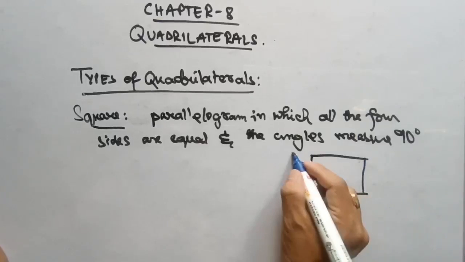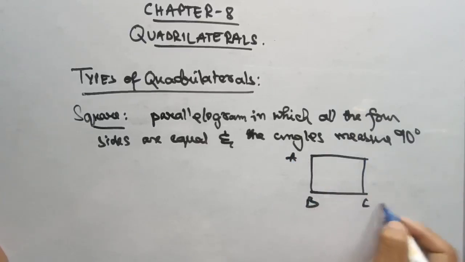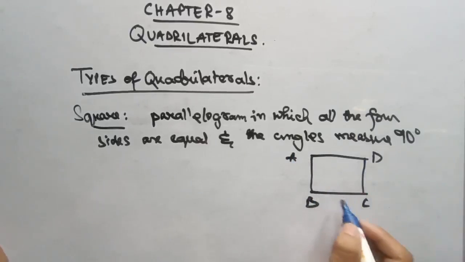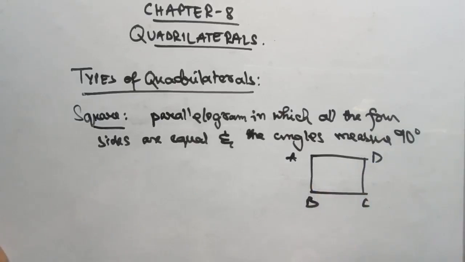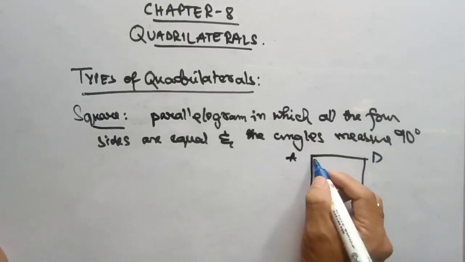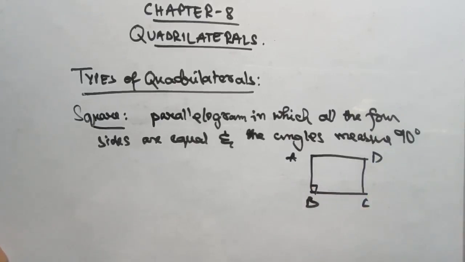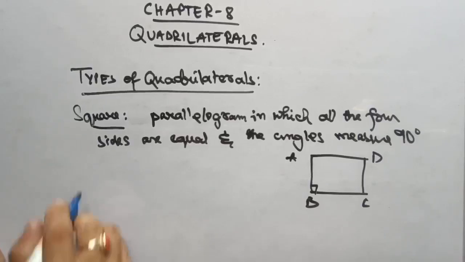So ABCD is a square in which side AB, BC, CD and AD are equal in length and its angles measure 90 degree.